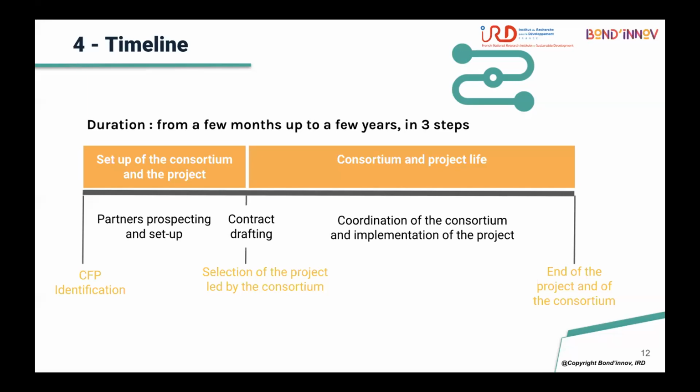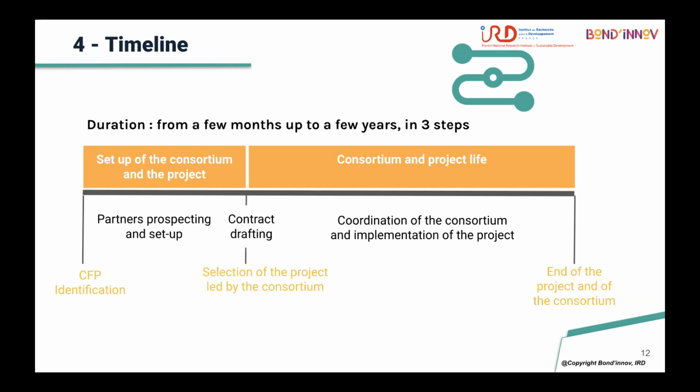And you can have also some other call for which the deadline is only 2 or 3 months from the advertising or the opening of the call. So it depends on the nature of the call, but in any case, you will start by identifying the call for proposal, and from there you can start prospecting partners and set up the consortium.